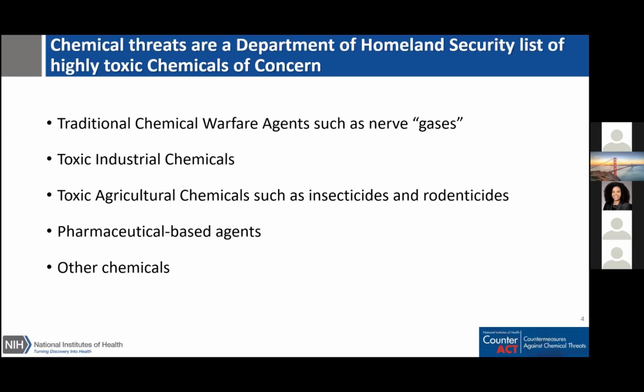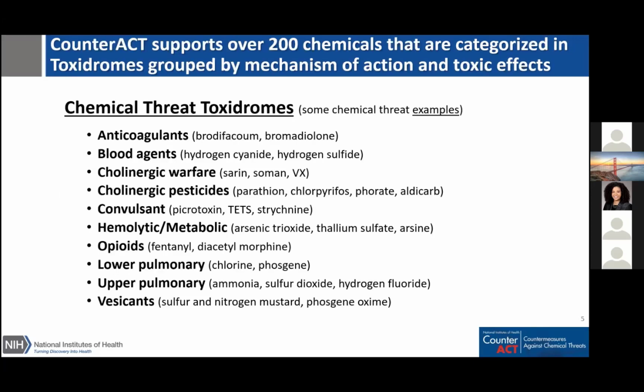These are broad examples of chemicals of interest. They include traditional chemical warfare agents such as nerve gases, toxic industrial chemicals, toxic agricultural chemicals such as insecticides and rodenticides, pharmaceutical-based agents, and other chemicals. Next slide.